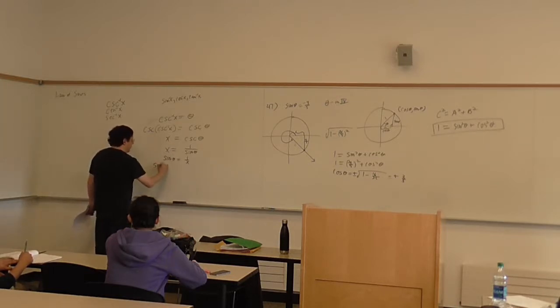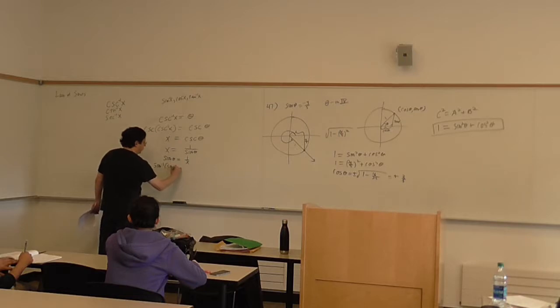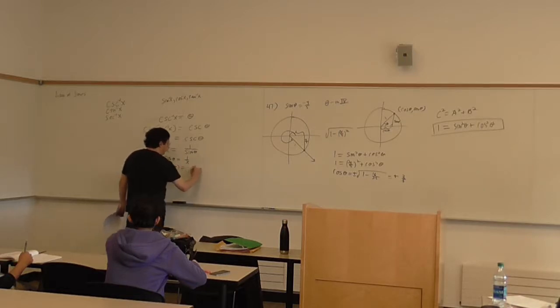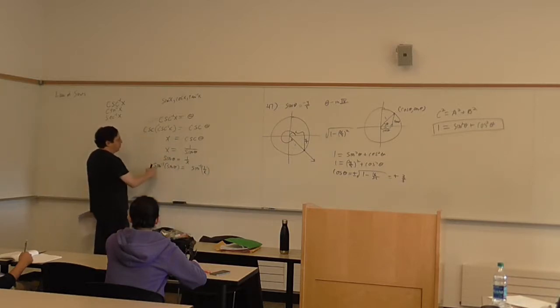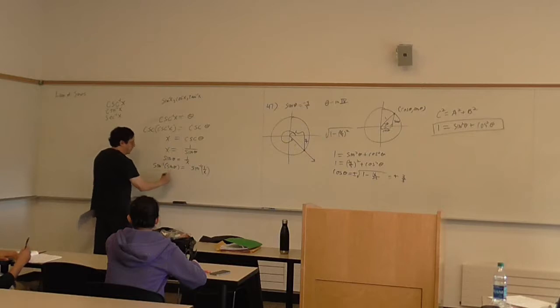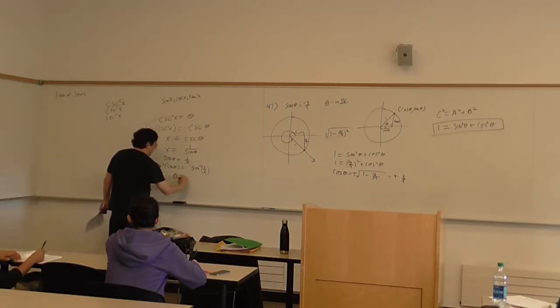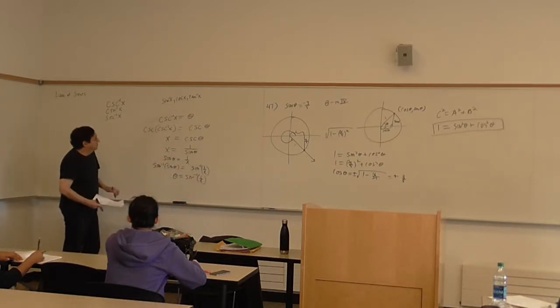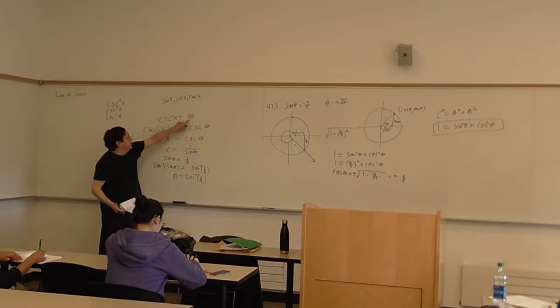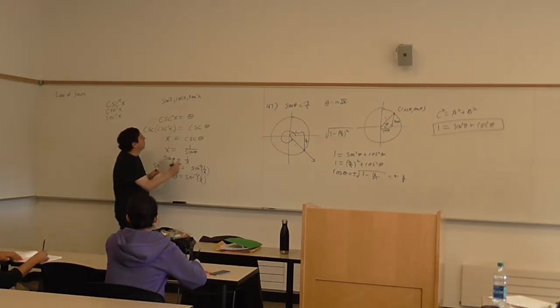So the inverse sine of sine of theta on this side equals the inverse sine of 1 over x. Again, here we're applying an inverse function to a function, so we're just going to get theta back. Theta was our inverse cosecant of x.